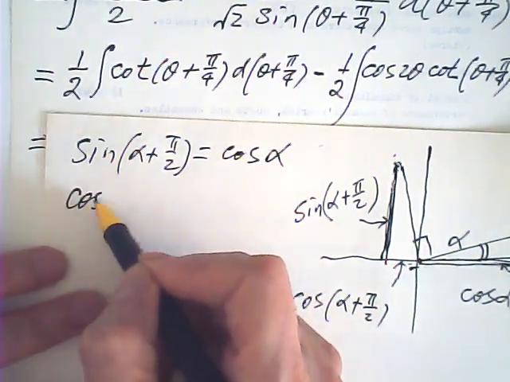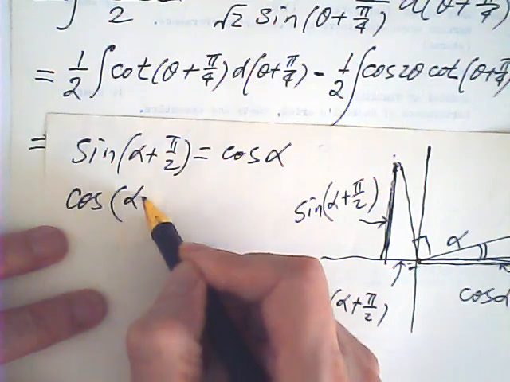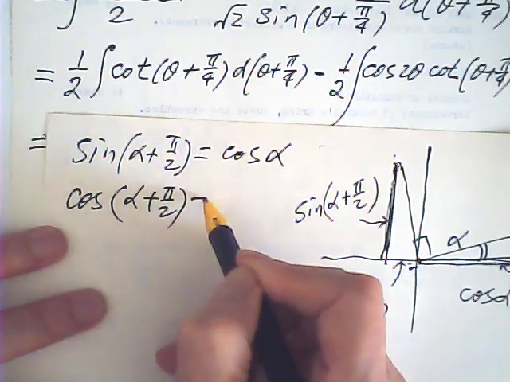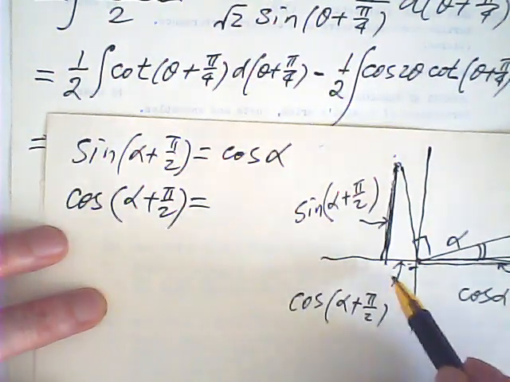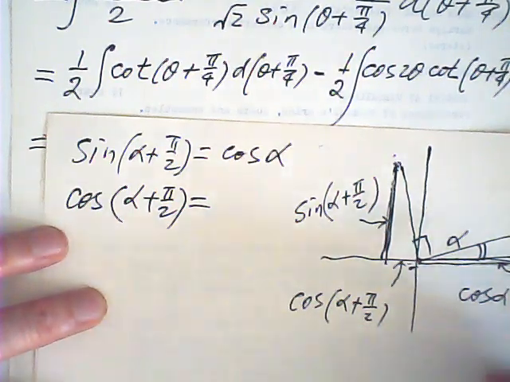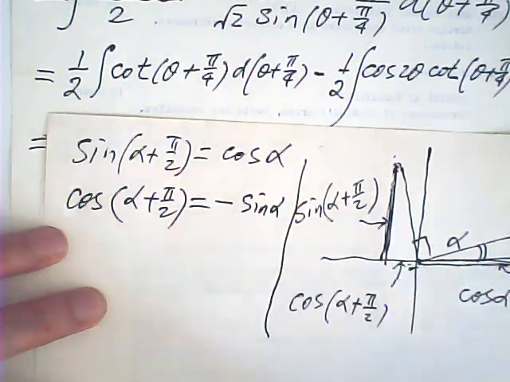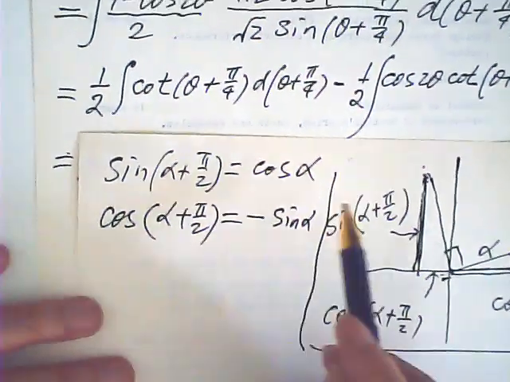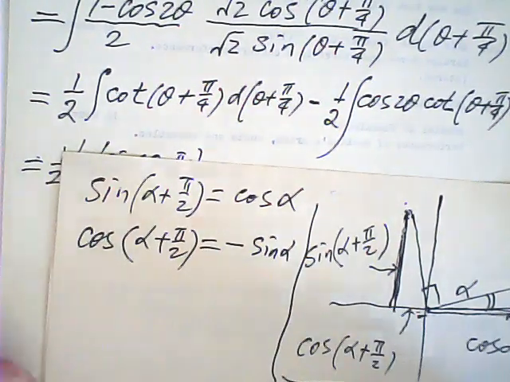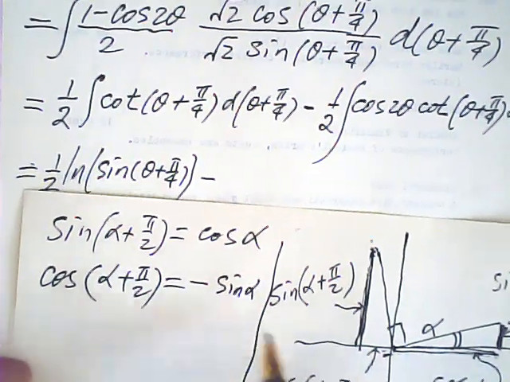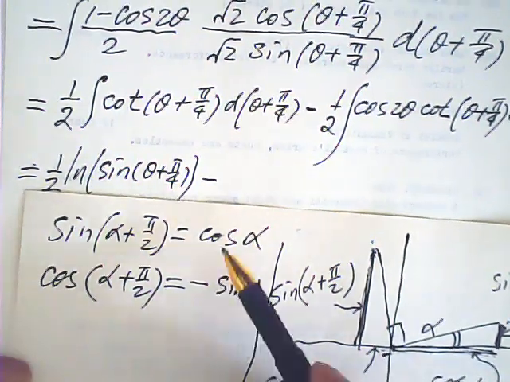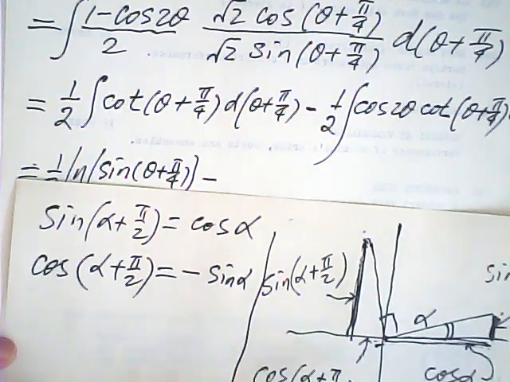And cosine of alpha plus half pi is equal to negative sine alpha. See, it's very easy to make a mistake. Also, you know, one is positive, one is negative, so you have to be very careful.